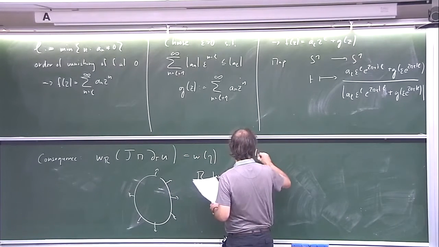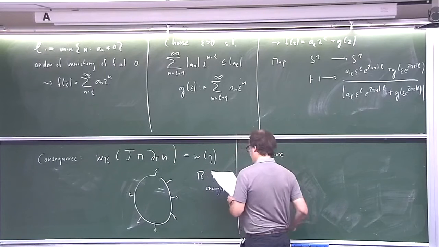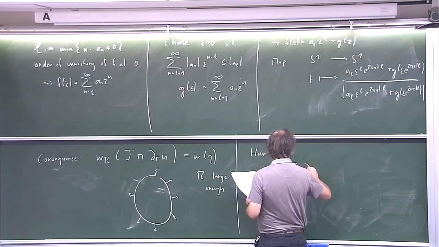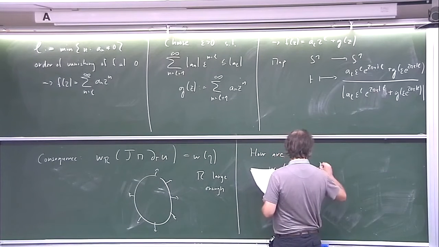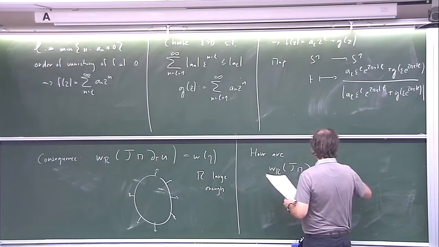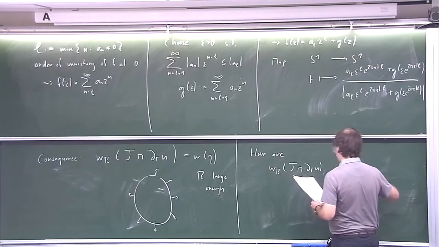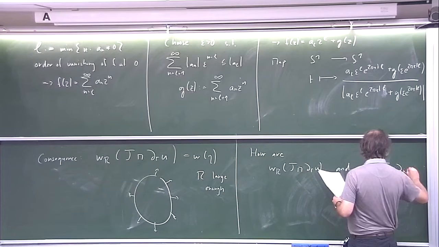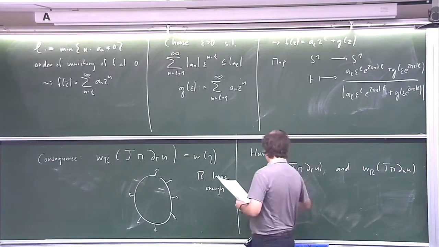So how are W_R of tau pi dru and W_R of tau pi dxu related?